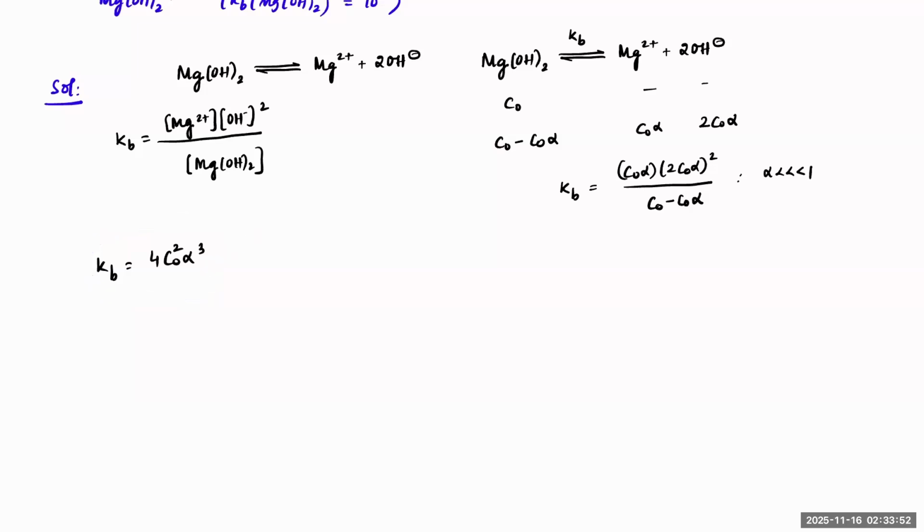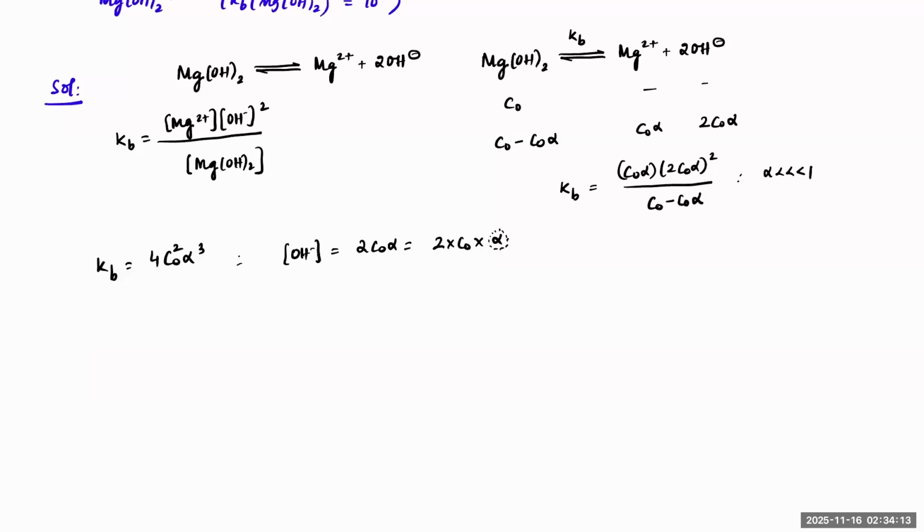And once you know the alpha value, what will be the concentration of OH minus? So OH minus concentration will be 2 C naught alpha. That is equal to 2 into C naught multiplied by the alpha, which you must have calculated from this point. Clear?